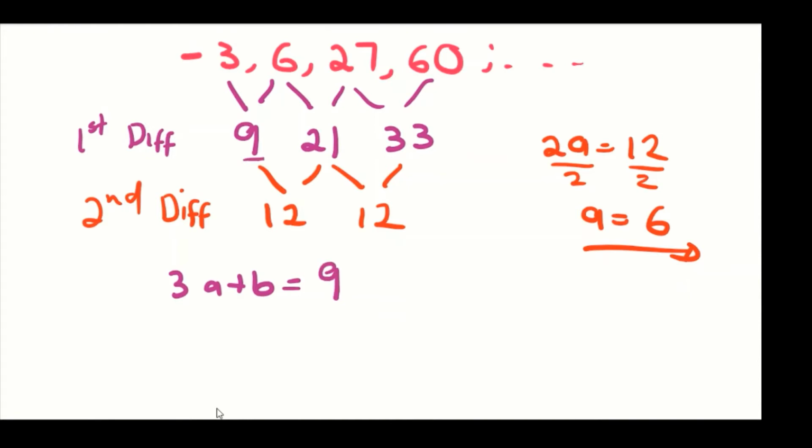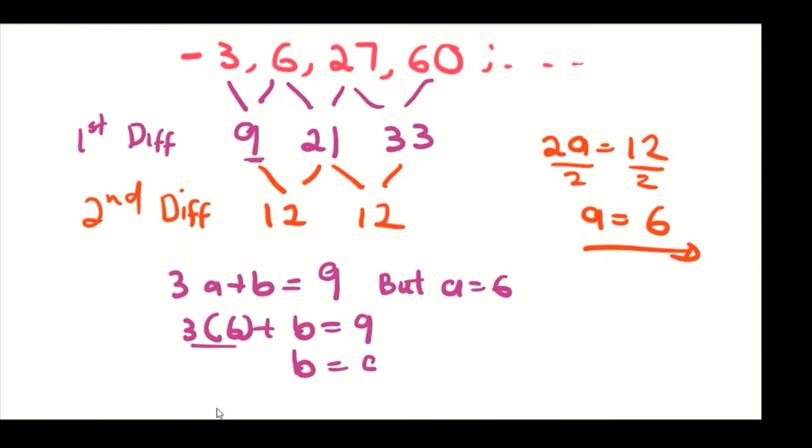This is the first term of the first difference, but we know that our a value is equal to 6, so it's going to be 3 into 6 plus b, which is equal to 9. And then we transpose this to the other side. We have b is equal to 9 minus 3 times 6, right? So our b value is going to be minus 9.